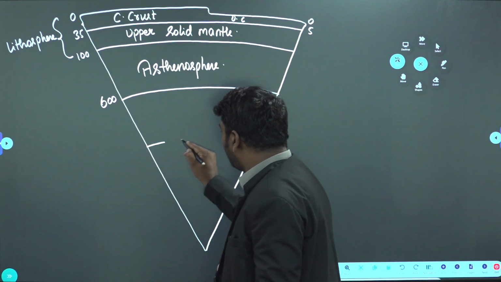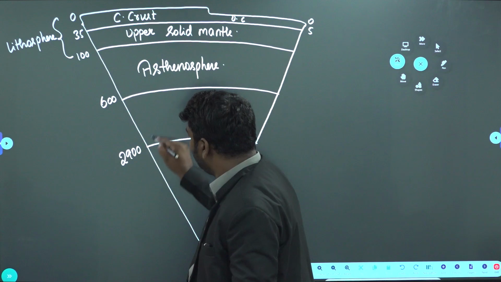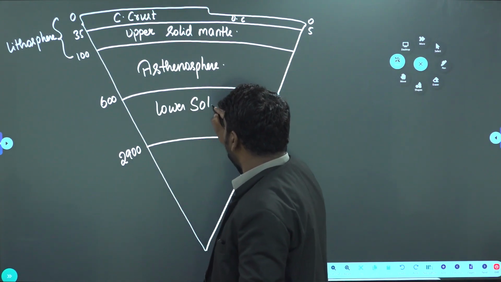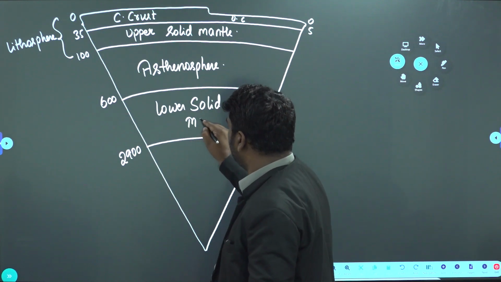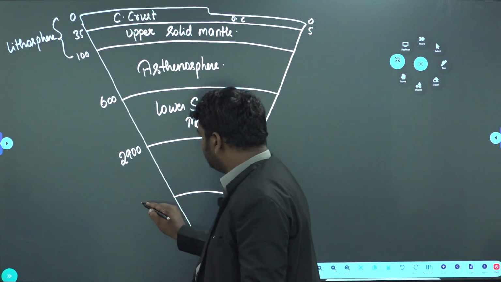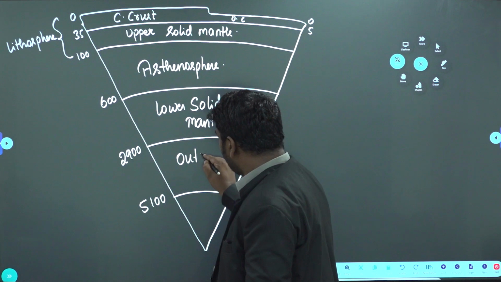Can you try? 2,900 kilometer lower solid mantle, 5,100 kilometer, which core?